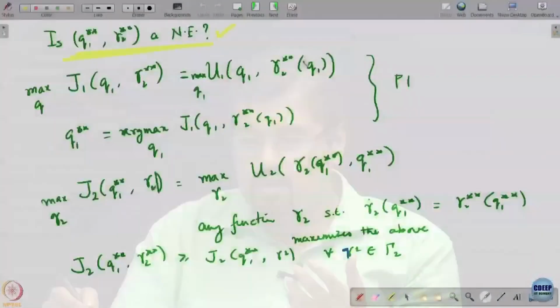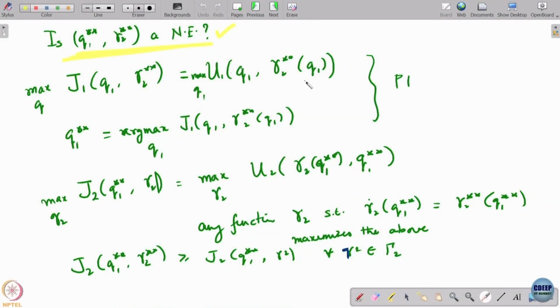In the earlier Nash equilibrium, player 2 was guaranteed to respond optimally to every quantity that player 1 was producing, right? The action that player 2 was producing in gamma 2 star star was optimal regardless of what player 1 played.